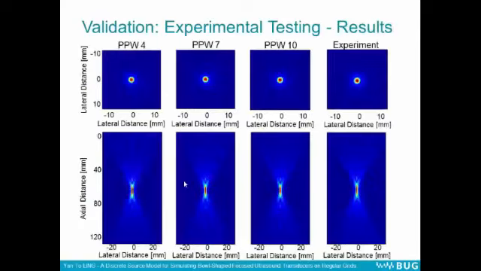As the 4 sets of data are quite similar, we are only presenting one set here. This is the H101 with continuous wave signal. And these are the lateral planes and axial planes at the focus for the experiment on the right-hand side and for the simulations. So you can see a very good agreement for all of them.